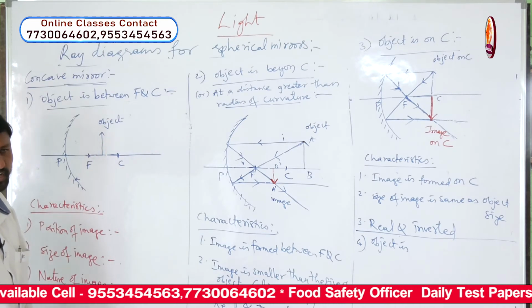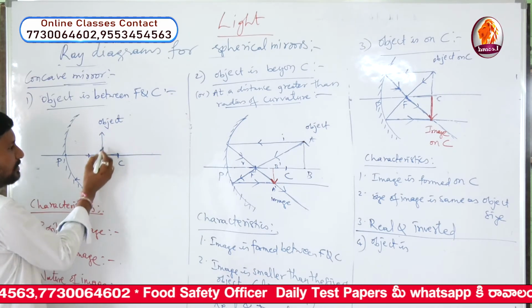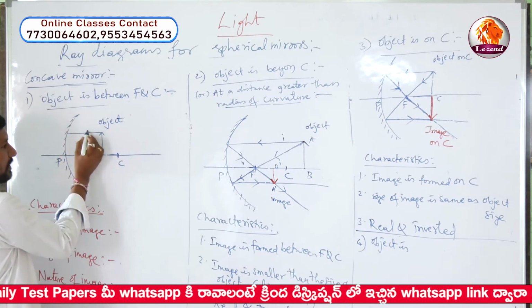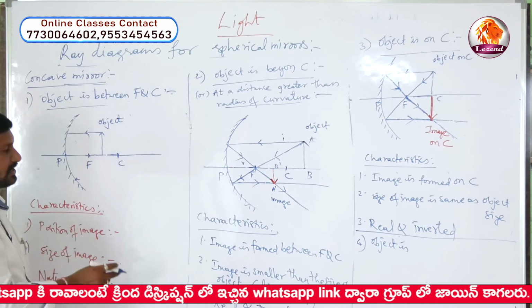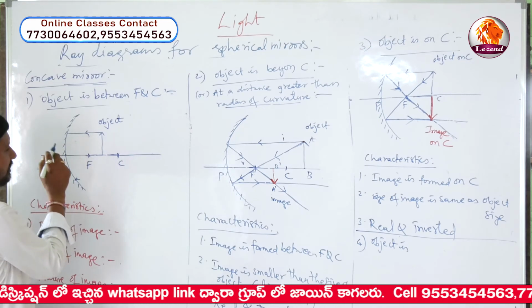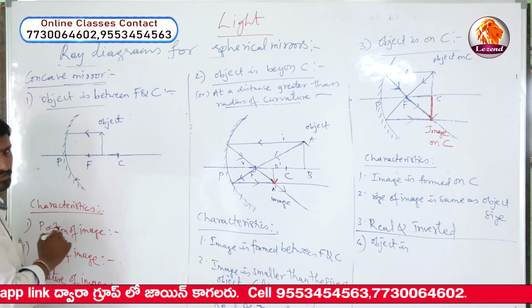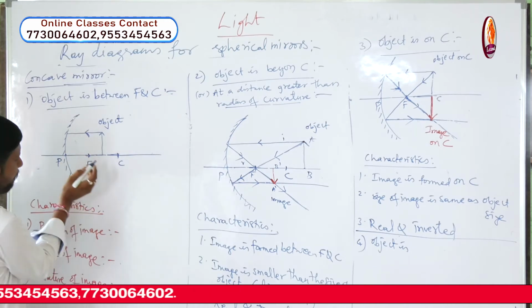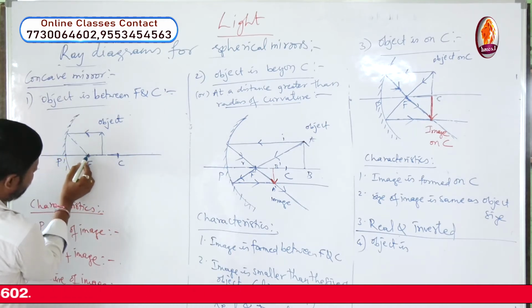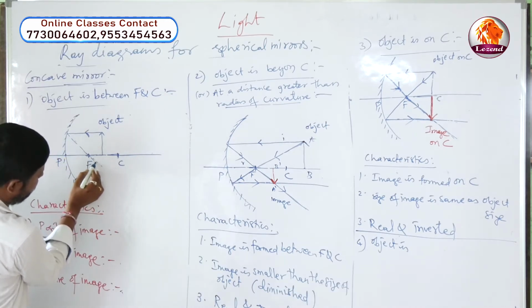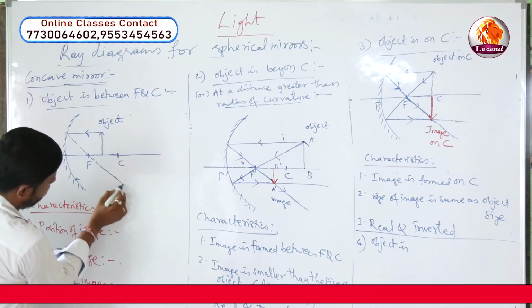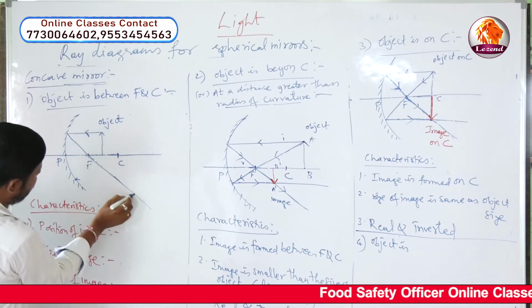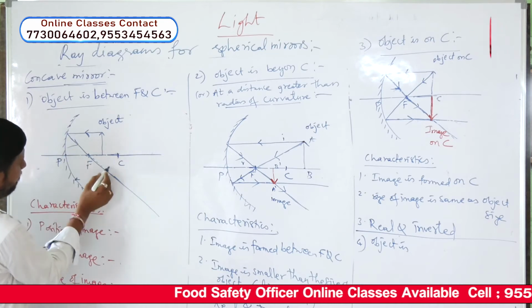And to draw the image, we should take two light rays coming from the object. First one, I would like to take a parallel ray coming from the top of the object and incident at a point, and any light ray which is parallel to the principal axis, after reflection, passes through its focus. So the reflected ray we get like this now. So this is the reflected ray.